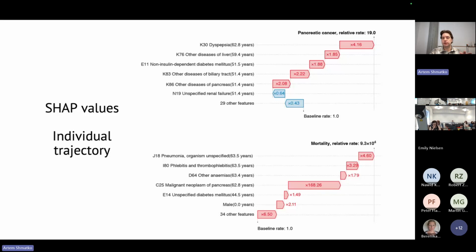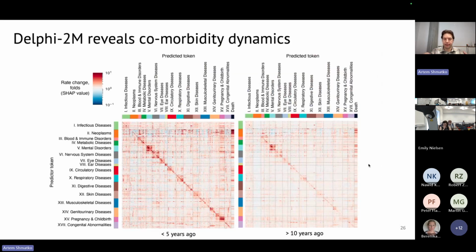But we are not limited to just explaining the contributions of some input diseases to the chances of some predicted disease risks for an individual trajectory. We can estimate these in a systematic fashion. So let's look at the chart on the left.